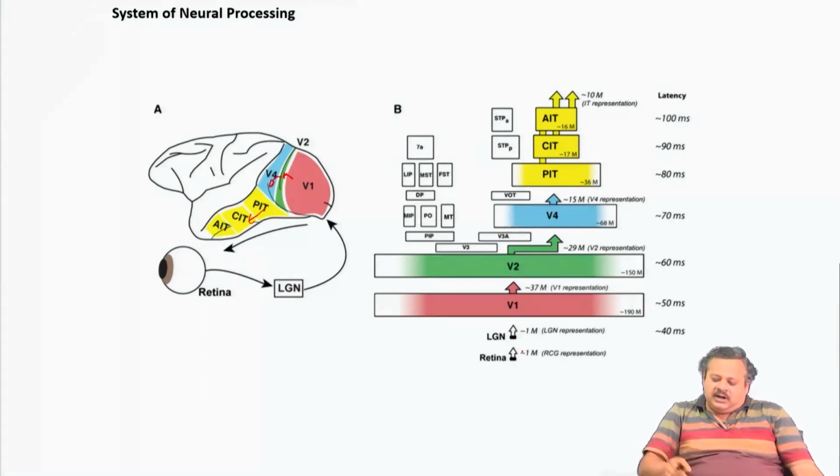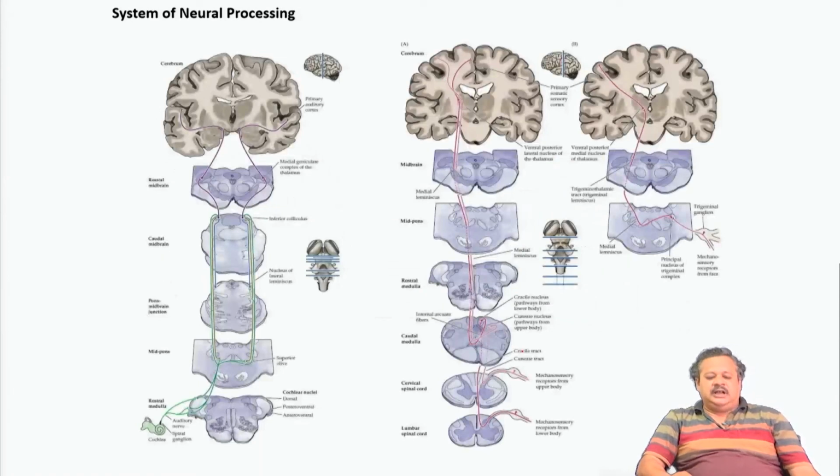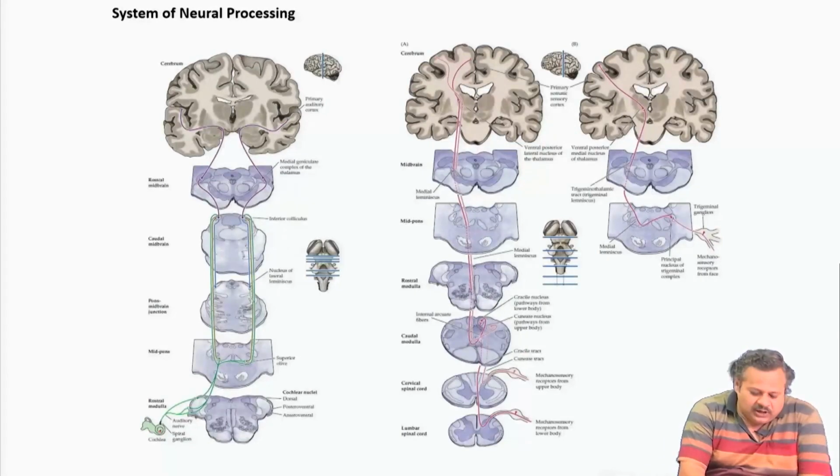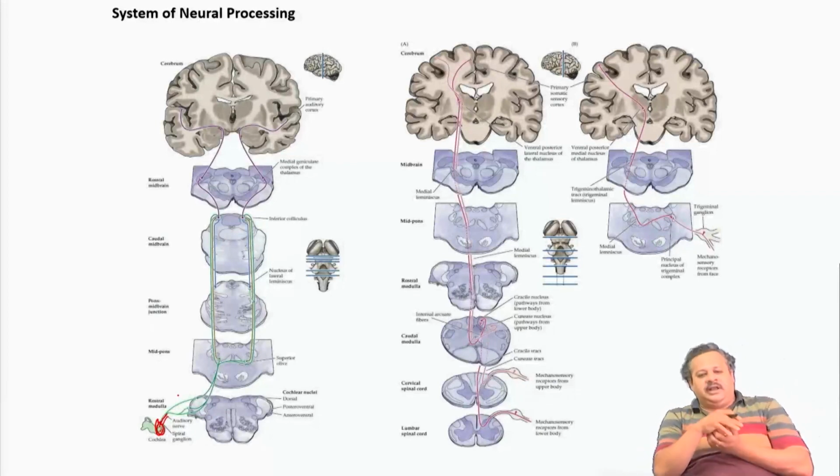So, this similar kind of arrangement is present in the auditory system and also in the somatosensory system. On the left hand side is the description of the auditory pathway, where, as you can see, in the cochlea, the frequency information that is carried by the different auditory nerve fibers goes into the brain stem.